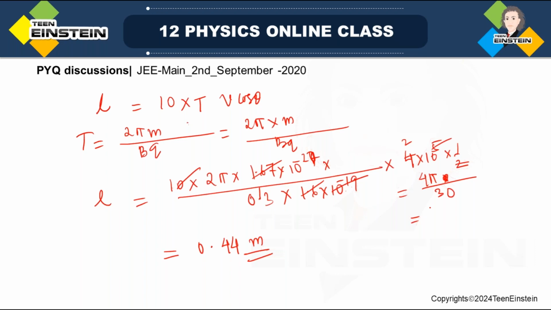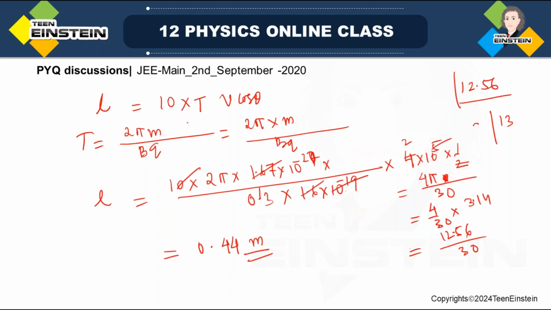See, if we take pi equal to 3.14 and multiply that, you get 12.56, and you can approximately take this as 13.